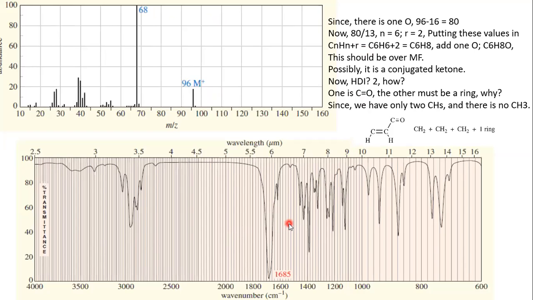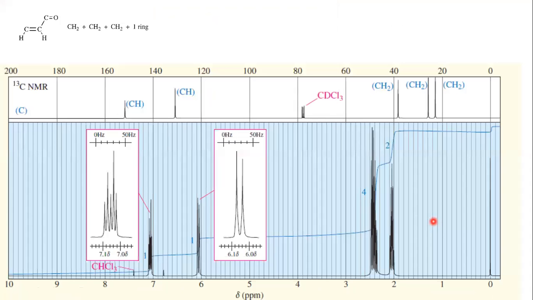We have this IR spectrum with us. And on the next page, we also have a proton NMR spectrum and a C13 NMR spectrum.